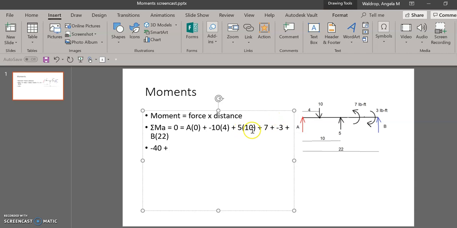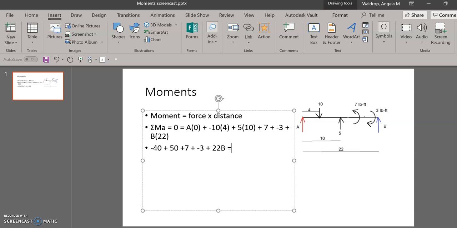I've got my 5 times 10, and that's positive, so I'll write the 50 down. My next term is a positive 7. The term after that is a negative 3, so I'll do plus negative 3. And then my last term here is my 22B, and that's positive, so I'll keep that as it is.